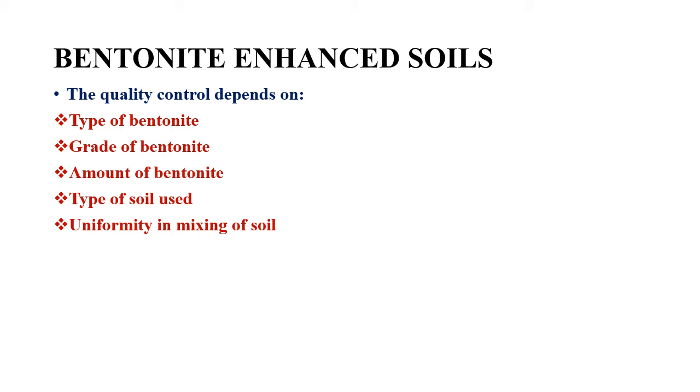Now, another test to be conducted on these bentonites is the free swell test, because obviously the swelling property is what influences the permeability of the final liner material. So, the free swell test can be conducted. It will determine the amount of swelling the bentonite will have when it is exposed to water. Okay.